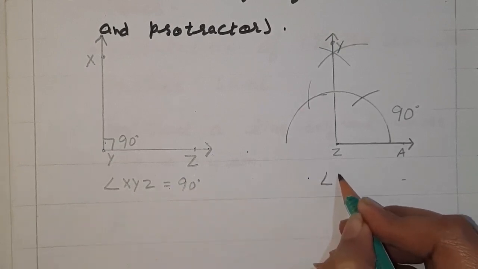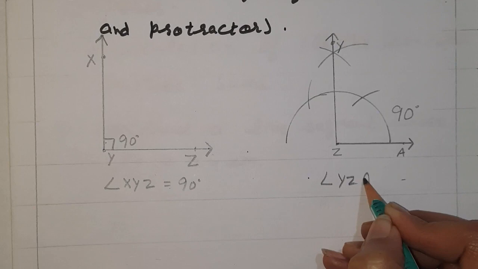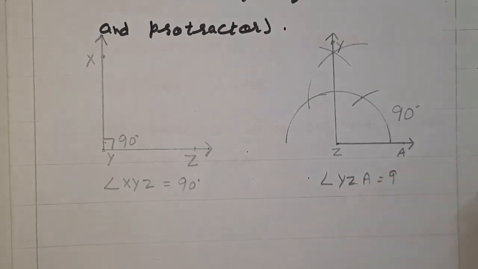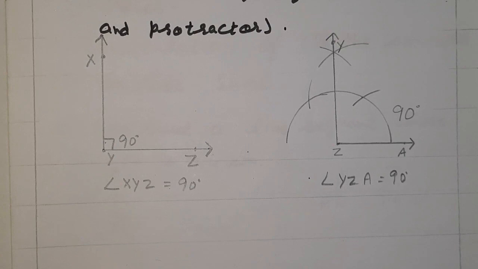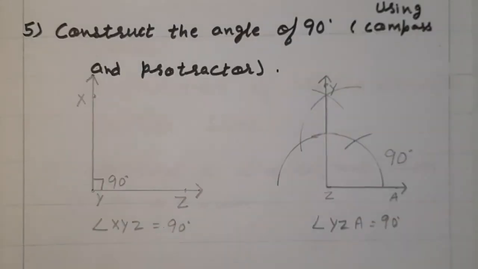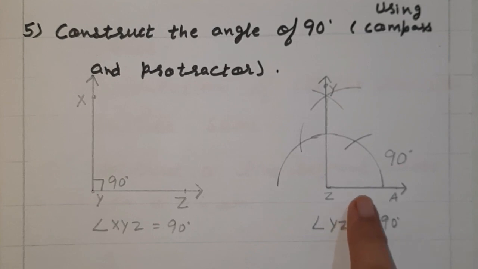Angle YZA is equal to 90 degree. In the previous lectures, I explained you construction of the angles of 60 degree, 120 degree, 150 degree. And today we have done the angle of 90 degree using compass.